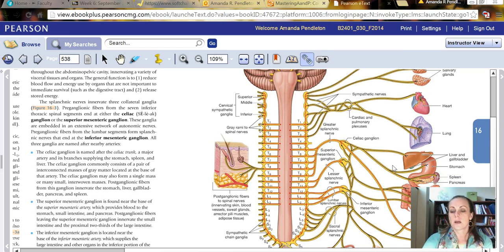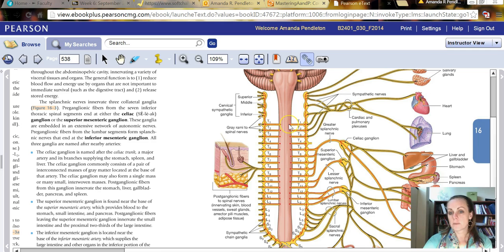Some things that you should note is that sympathetic nerves are going to be coming out of the spinal cord between T1 and L2. So that is sympathetic innervation right here.